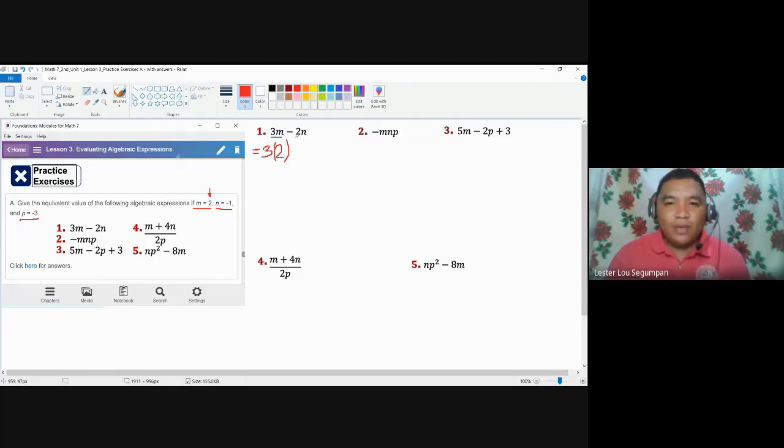So we will still use subtraction 2, and then n is negative 1. If you do not use parentheses here, you might see minus 1 and interpret it as minus 1. That is why always use parentheses.